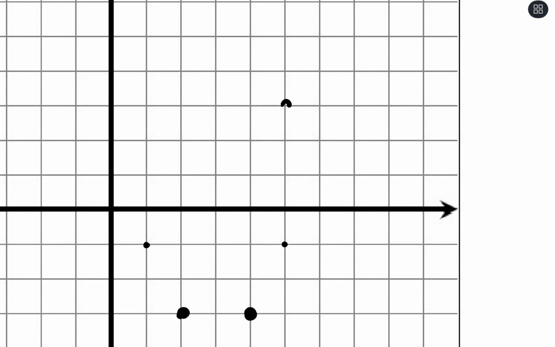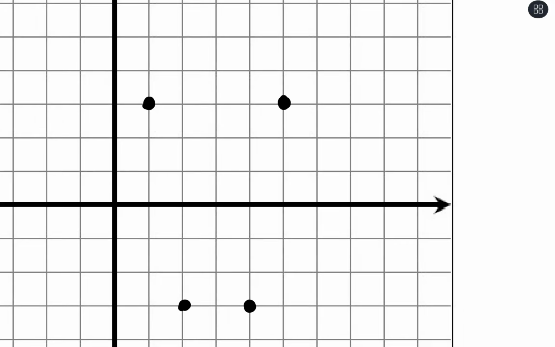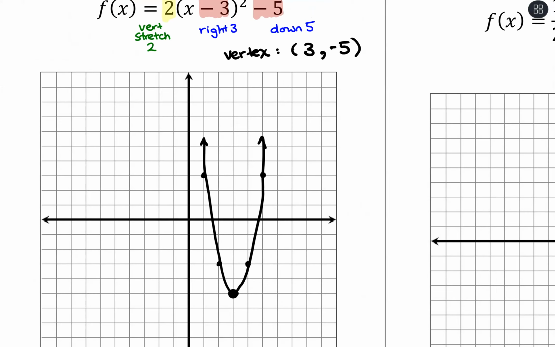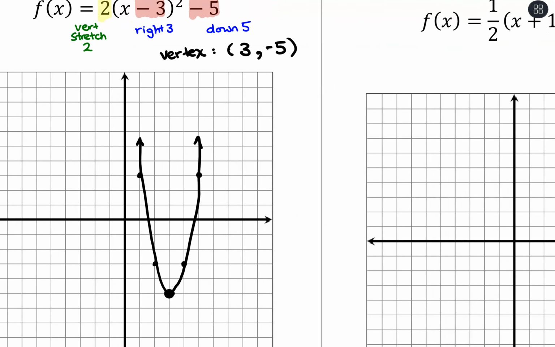So 4, 8, and then some symmetry. And where we would have a height of 9, we would now have 18. So it just doubles. But with those, we can get the start of our parabola using the vertex from the horizontal and vertical shifts, and then that vertical stretch to tell us how much we're stretching up or down.